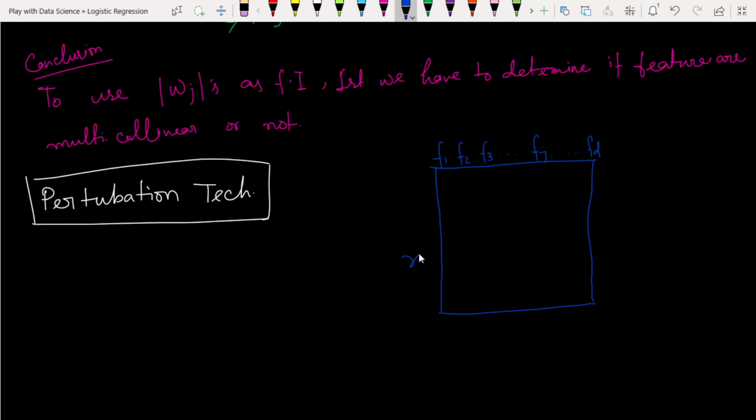We have one data point xi, and here is our output y, corresponding to xi, our y is equal to yi.